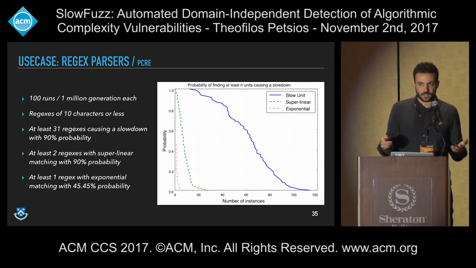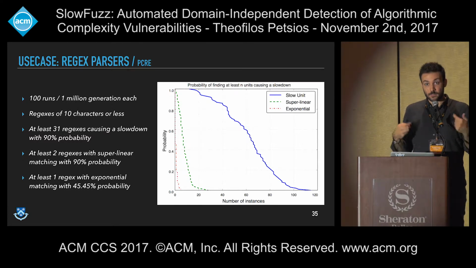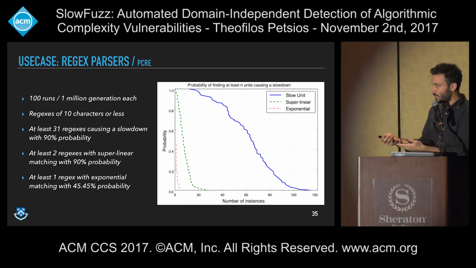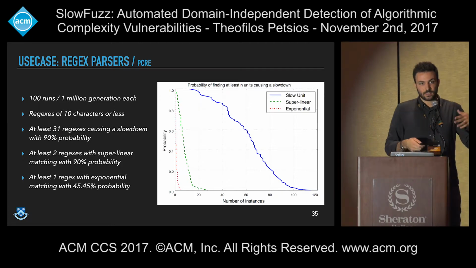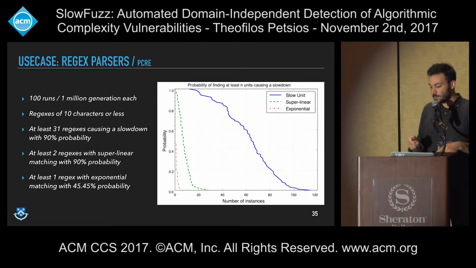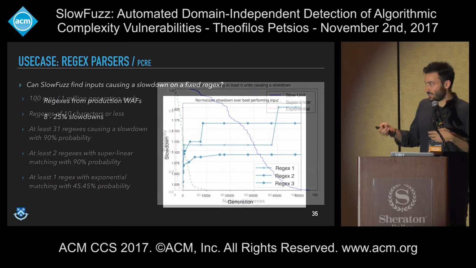And about half the cases will generate a regex with exponential matching. And this is again the same engine that generated the collisions in the PHP hash tables, as well as the sorting slowdowns.